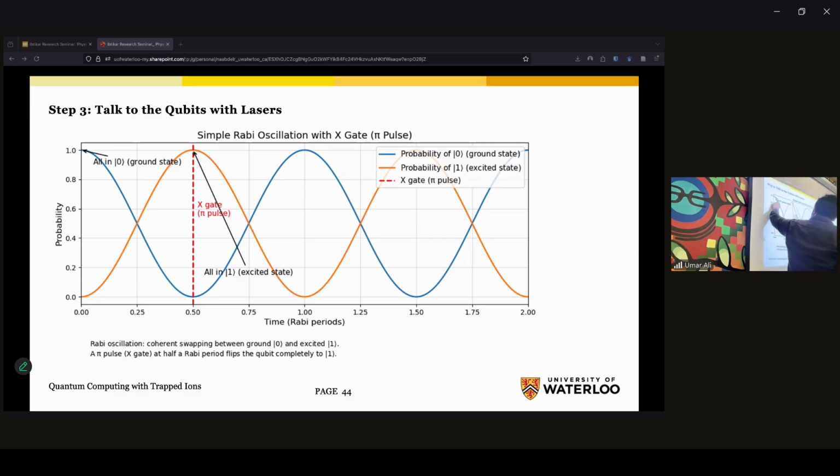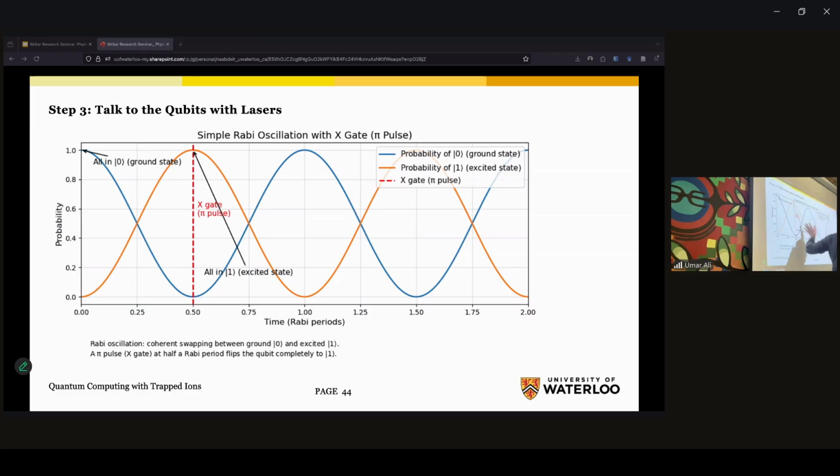I shine a laser for some time, it oscillates and gets to 1. So over here you will see all the atoms at 0, and after some time of shining the laser, they will reach 1.